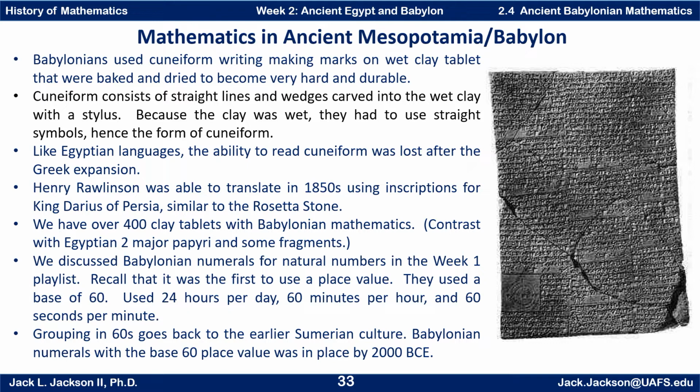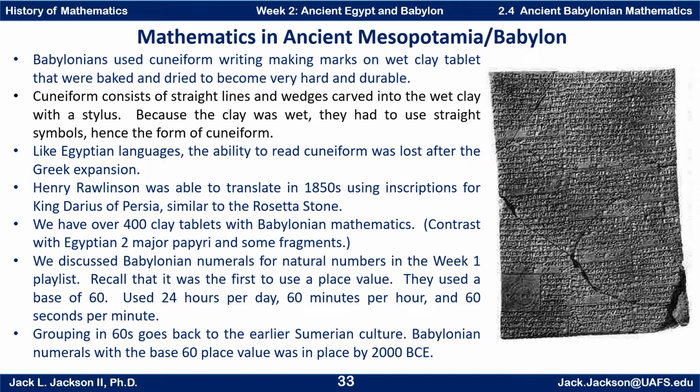But Henry Rawlinson was able to start translating cuneiform in the 1850s, and he used something like the Rosetta Stone. There were some inscriptions for King Darius of Persia that were in multiple languages, including some cuneiform writing, and he was able to use that to help him translate. Now, once these tablets are baked, they're very durable.